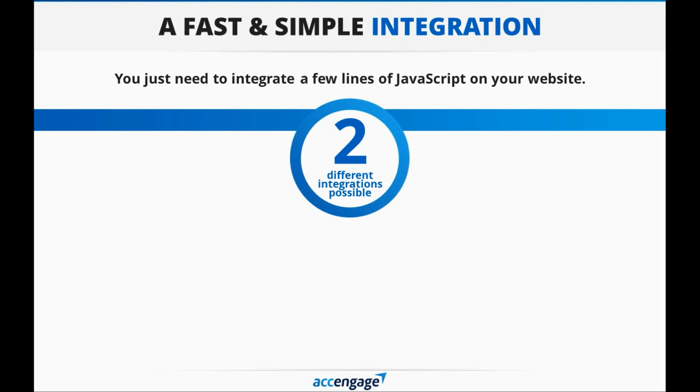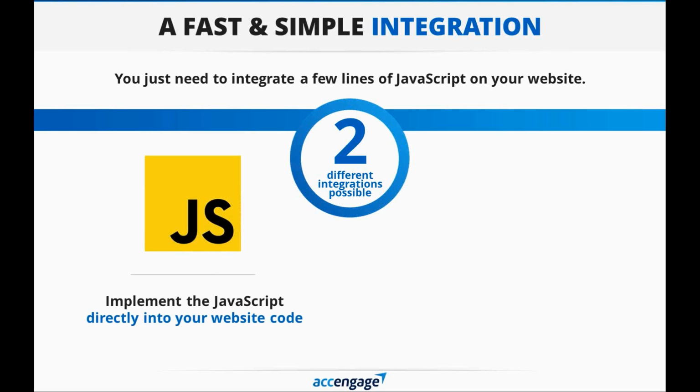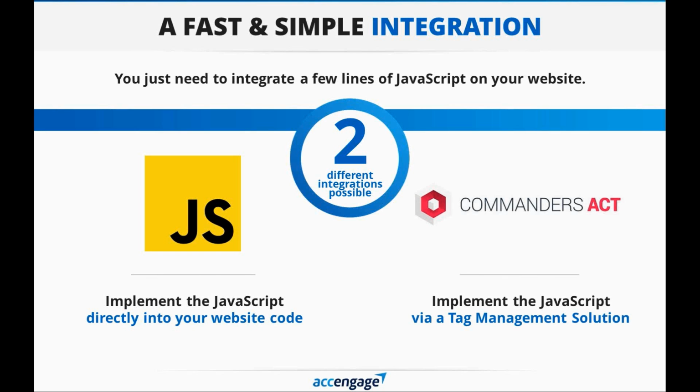Basically, we provide a JavaScript that you need to integrate into your website. So you can directly implement this JavaScript in your website code, or typically, you can use Commanders Act tag management system in order to implement the JavaScript, and also to tag the different information that you would like in order to transform them into targeting criteria, and that goes actually even faster.